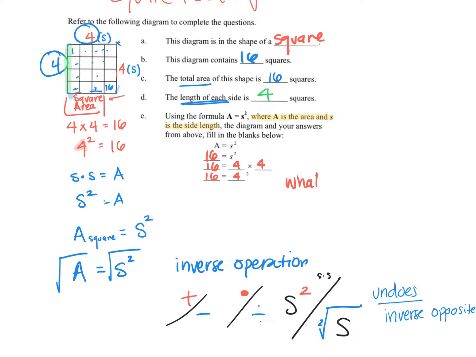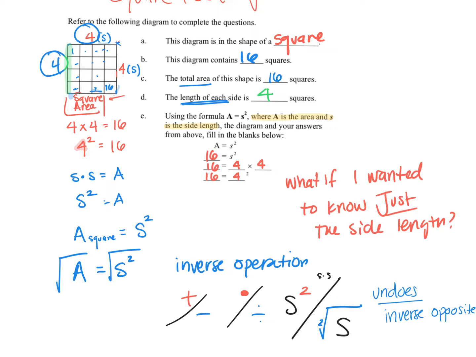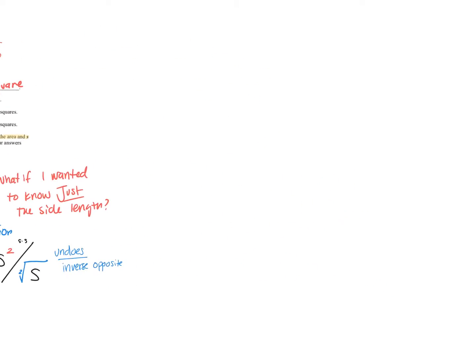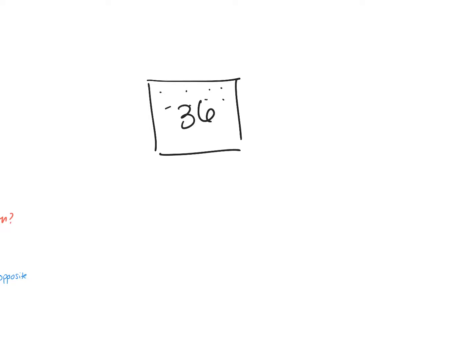So what if I wanted to know just the side length? So if I told you that I had a total area of 36 squares, what does this side have to be, and what does this side have to be?